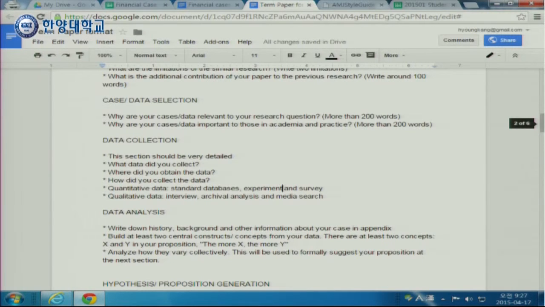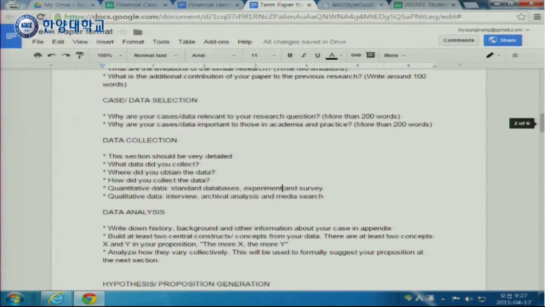If your research is not replicable, then people assume that maybe you manipulated your data or there is something wrong with your research. Okay? So your research paper should be replicable. In order to make your paper replicable, this section should be very detailed and step by step. Okay?